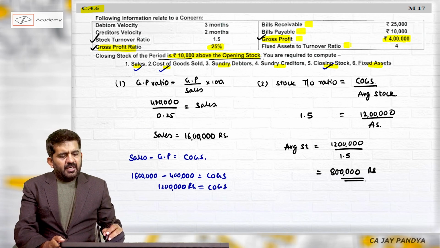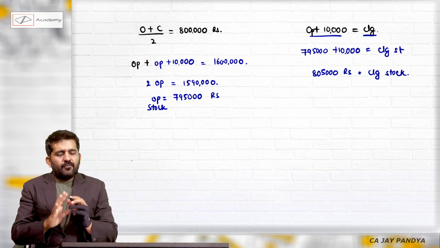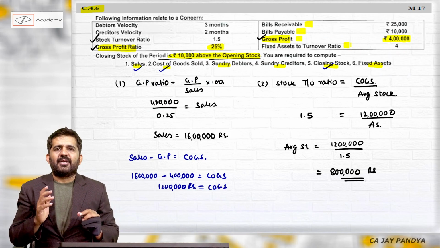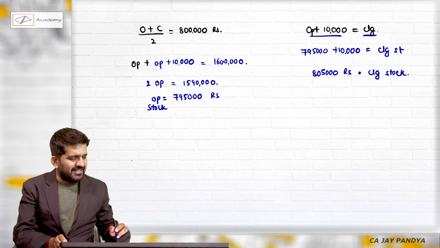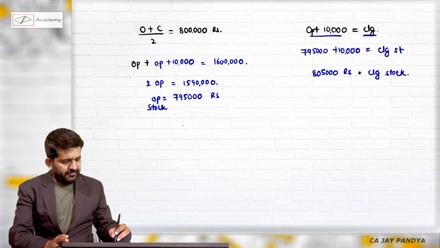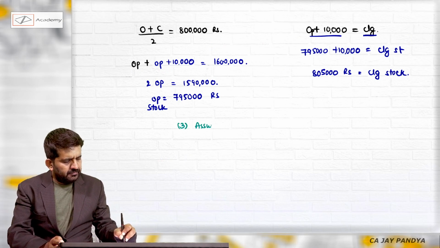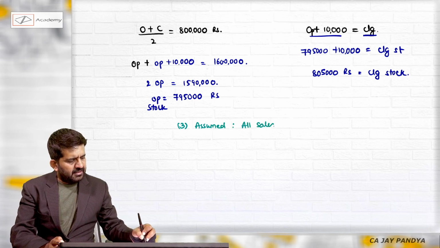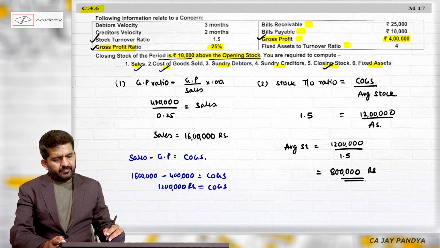All right, let us go on, we are having sales. Now from the information given, we cannot find out what are credit sales and cash sales. We can always take an assumption that all sales are credit. Assumed all sales are credit.